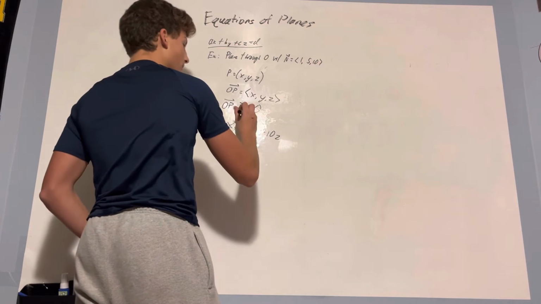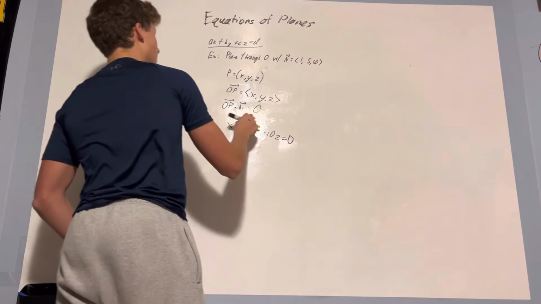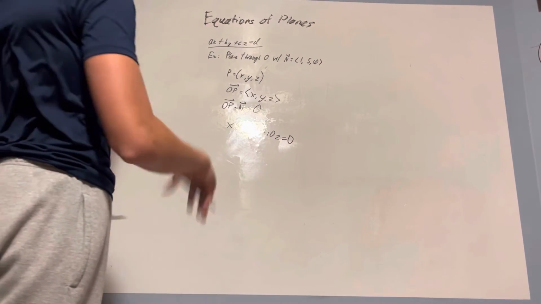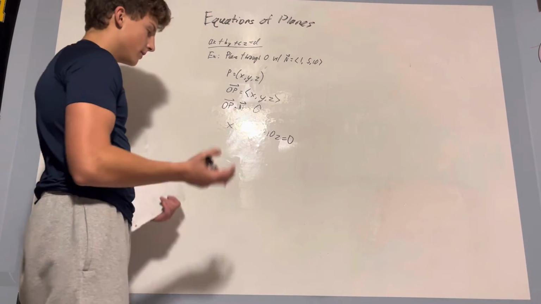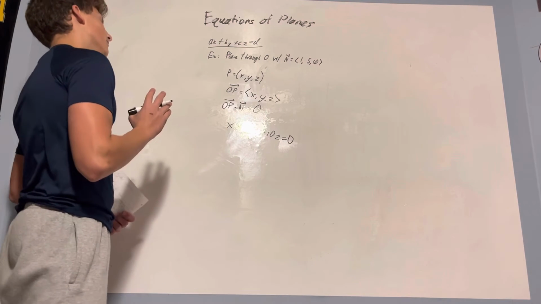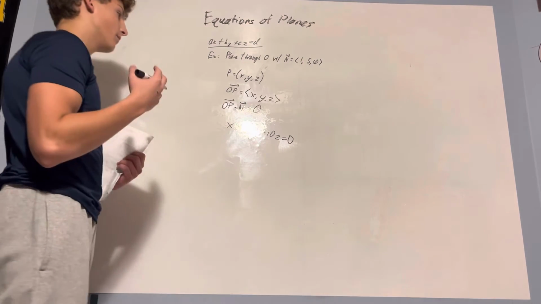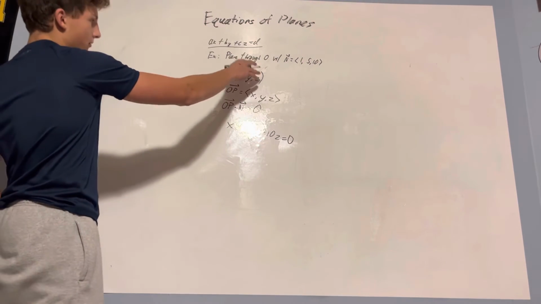And this is going to be equal to 0 because they are perpendicular vectors. So their dot product is going to be 0. And that is one of the more simple cases of finding the equation of a plane because it passes through the origin.